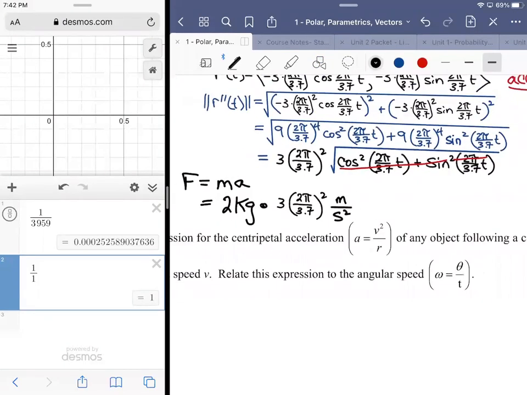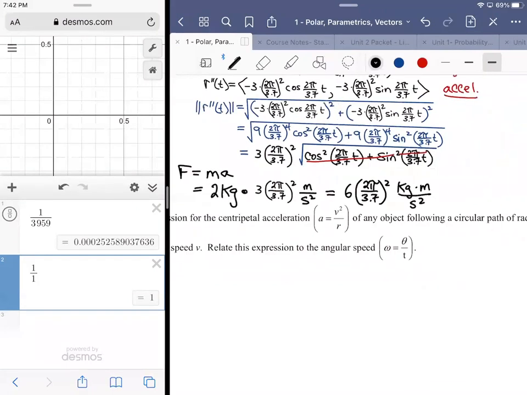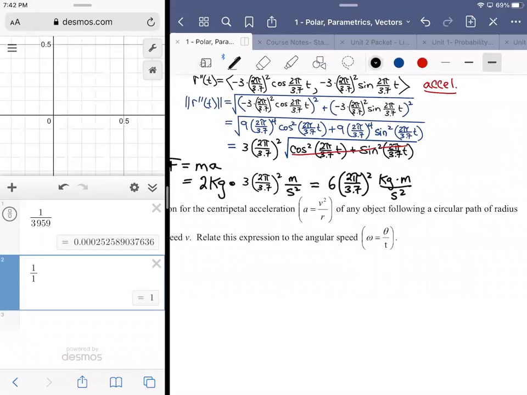So we'd be looking at 6 times 2 pi over 3.7 squared kilograms times meters per second squared. Now, if you don't know that that's a Newton, then that's fine.